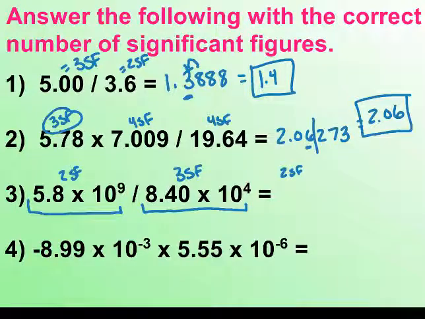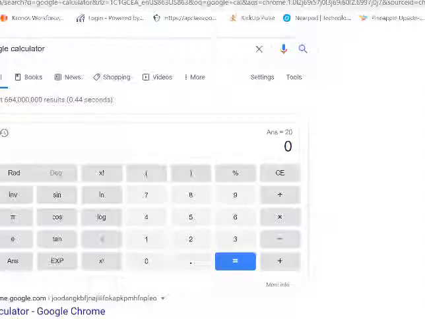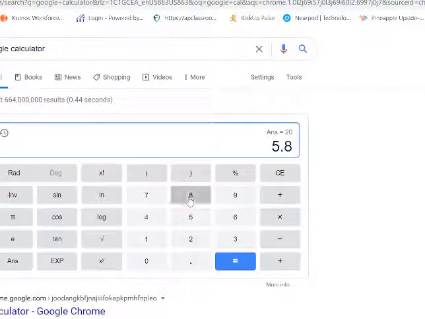So looking at the number, it says 5.8 times 10 to the 9th. To plug that in, I'm going to do 5.8. For the times 10, I'm going to hit this exponent. That E, notice it's capital, stands for times 10. So times 10 to the 9th.